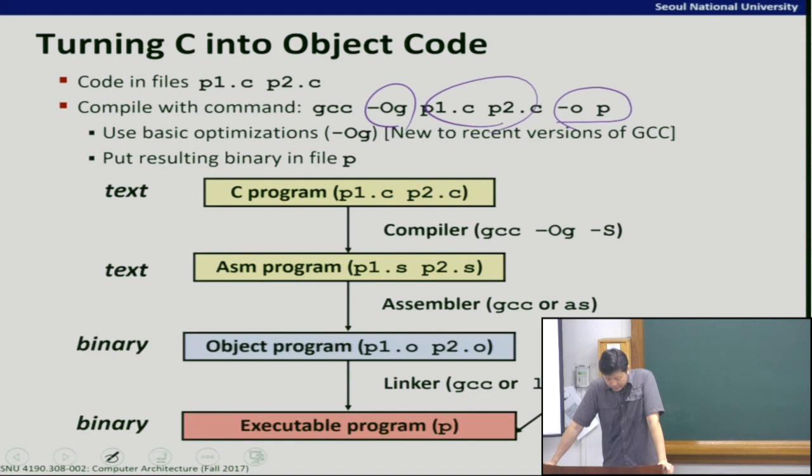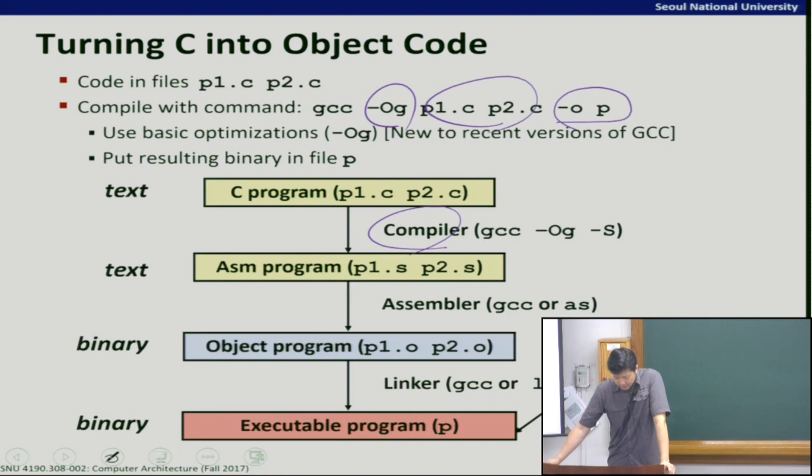But although it only takes 1 line, internally there are multiple different steps. In the first step, the compiler compiles your C program into assembly code, right? The assembly code, as you know, is the human readable form of the machine code.